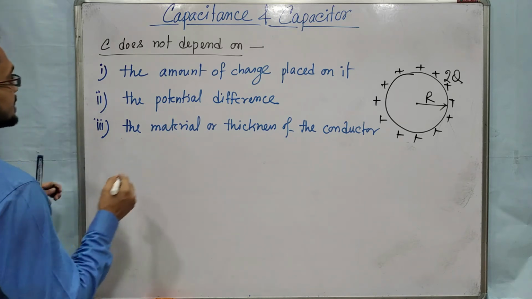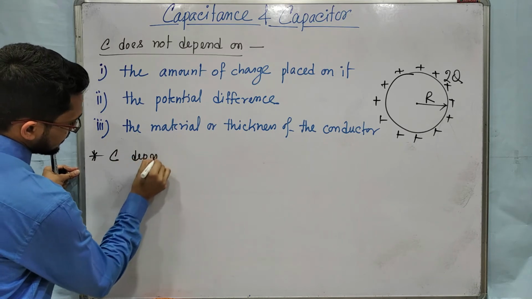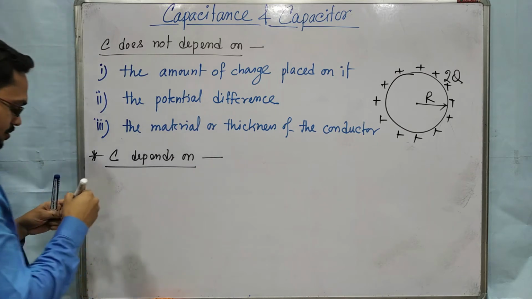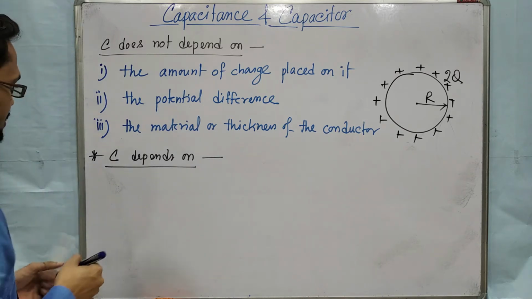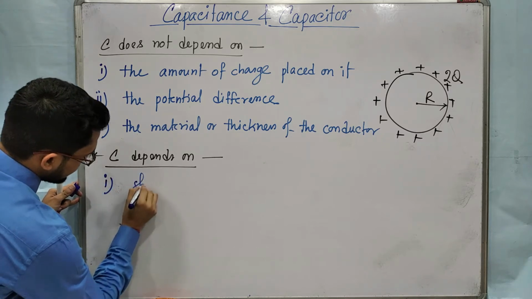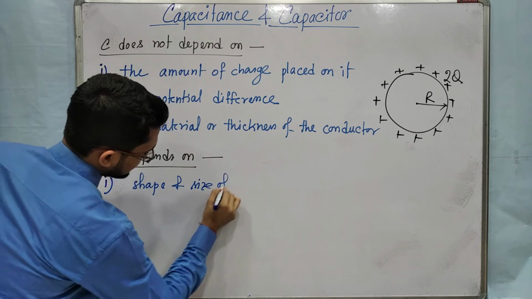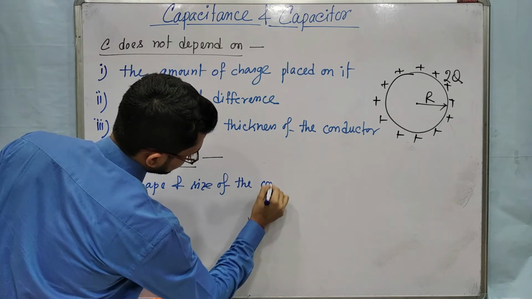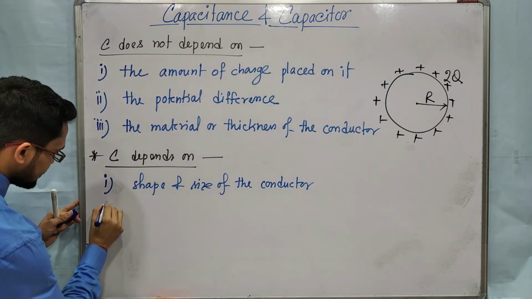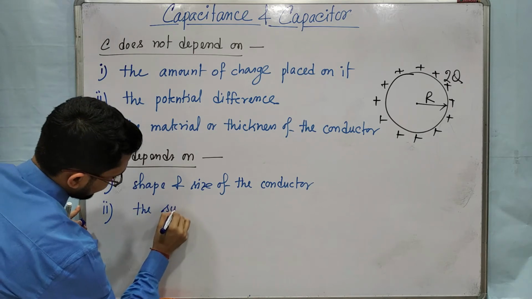And on which factors does C depend? First, the shape and size of the conductor. Second, the surrounding medium.